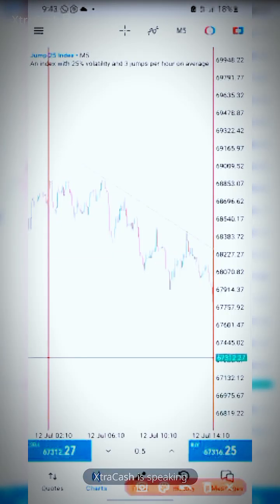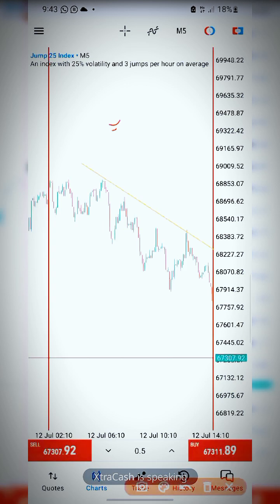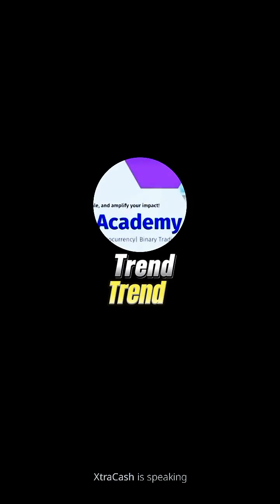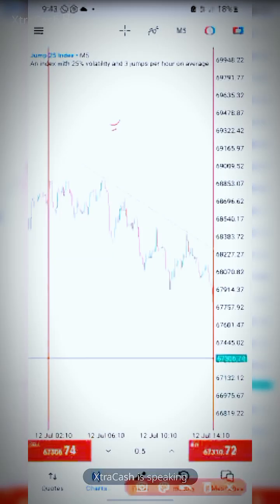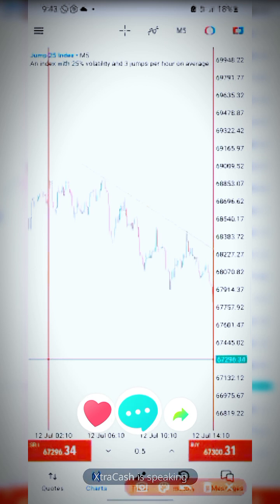Okay, so for every trader, knowing the trend is a must. Now that is the true direction of the market. So I believe it's easier for you to spot this particular bearish trend.